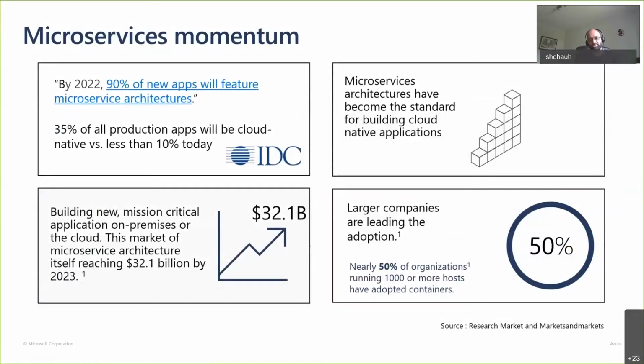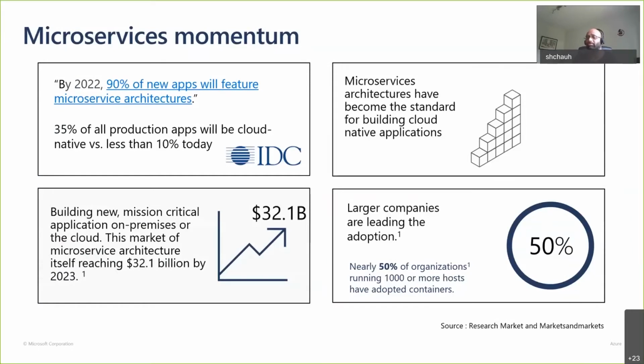I'm talking about microservices, but there is a reason, which also comes from so much market research, why we should care about microservices applications. As you can see, from IDC, they say that 90% of new apps will feature microservices architecture by 2022. They also say that 35% of all the production apps will be cloud native by 2020, as compared to less than 10% as of today.